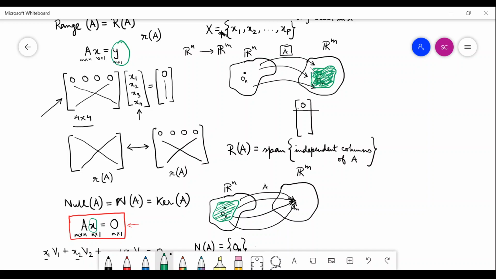The range space is in the target space. It is a subspace of the target space, sometimes the entire target space Rm, but in general a subspace. The null space is from the origin space, the space where we take the vectors and make them 0. So it is a subspace of that vector space.